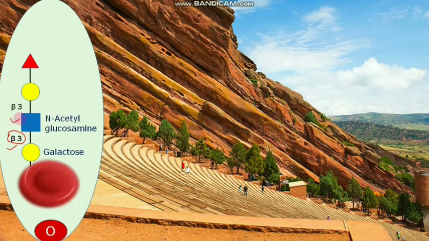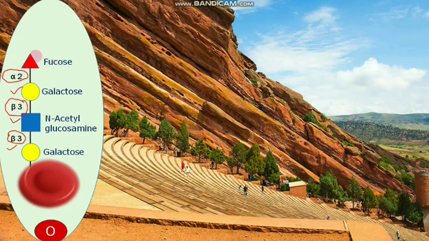This N-acetylglucosamine is linked to another galactose through another beta-1,3 linkage. Finally, the ultimate monosaccharide in this chain is fucose, which is linked to the penultimate galactose through an alpha-1,2 glycosidic linkage.